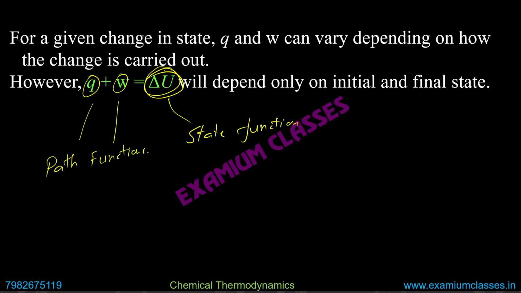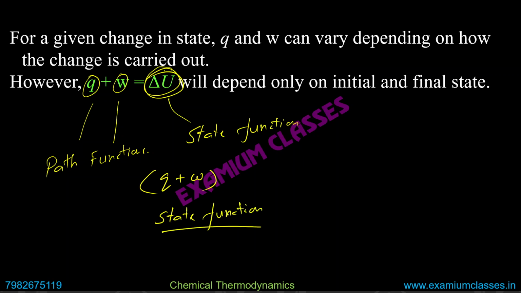So how could it be possible that path functions are equal to a state function? The answer is, although individually they are path functions, Q plus W as a whole is a state function. So if you are asked this question, this is the answer.